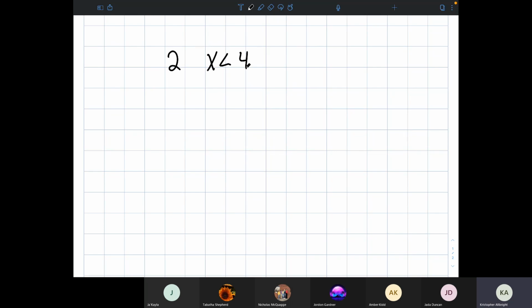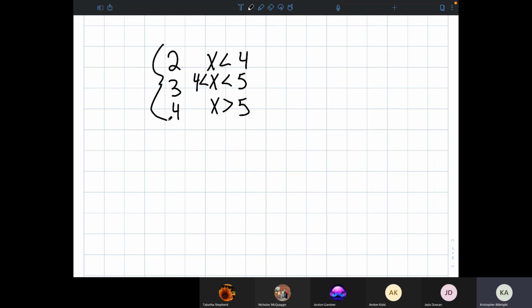I don't know, I'm just making up things. 3 when x is between 4 and 5, and 4 when x is greater than 5.